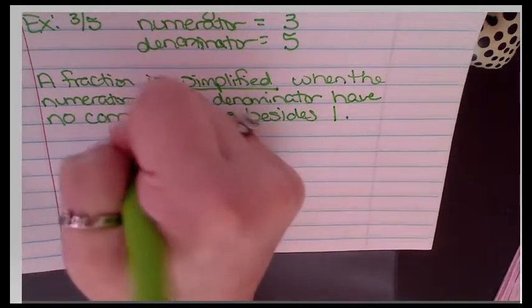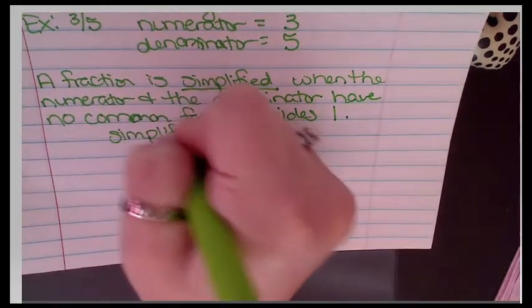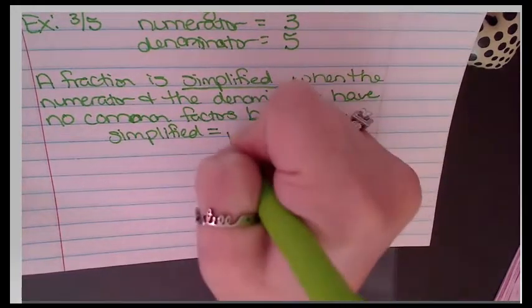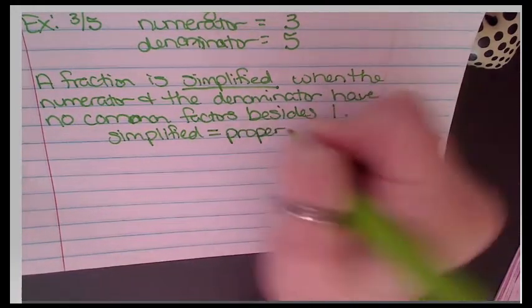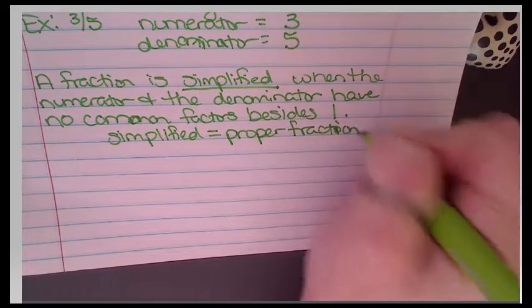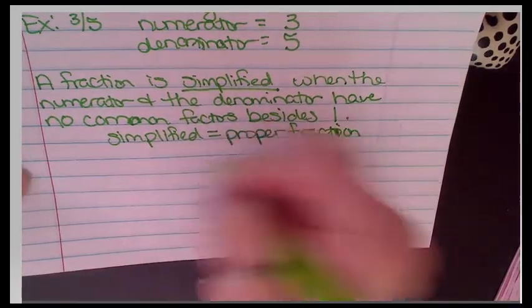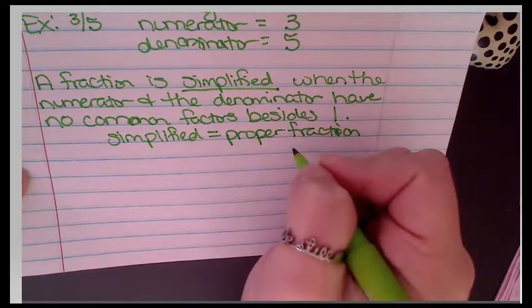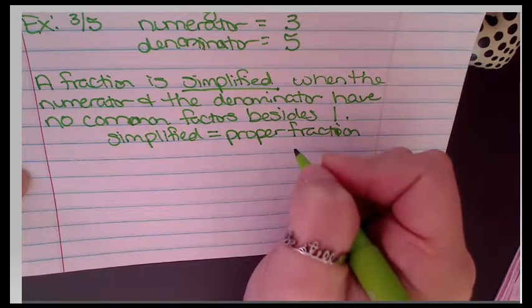Simplified is also known as proper fraction. So if you have a simplified fraction, you have a proper fraction. Your homework will use proper fraction or simplified, so I just wanted to make sure you understood that that works either way.